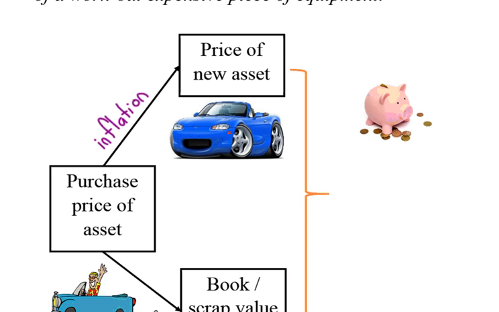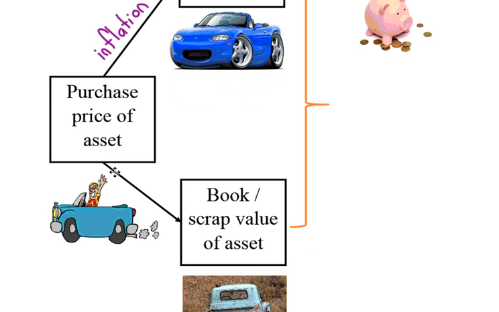But let's go back to the car that he's driving now. In 5 years' time, that particular car is not going to be worth the same amount anymore. It's going to depreciate. So because of depreciation, let's see if we can put that in here. Depreciation.